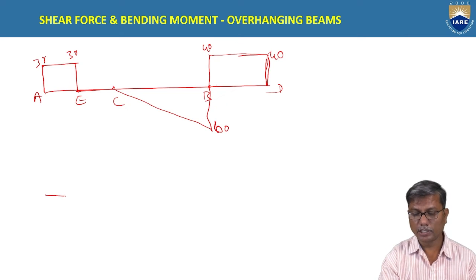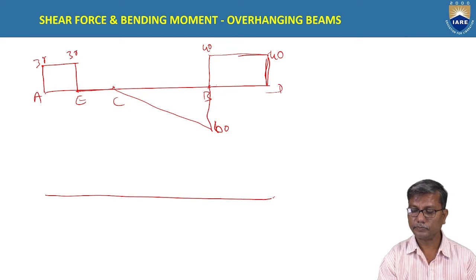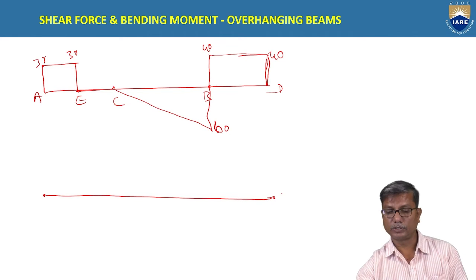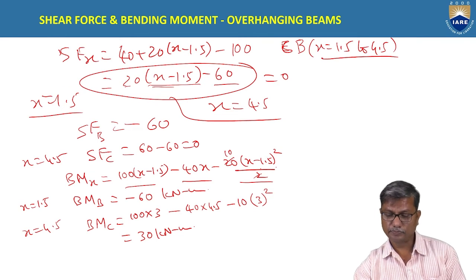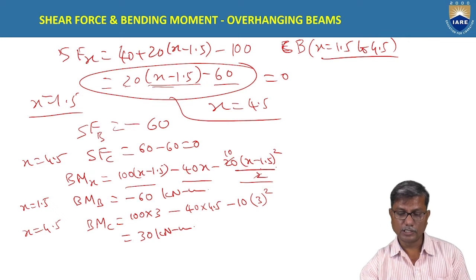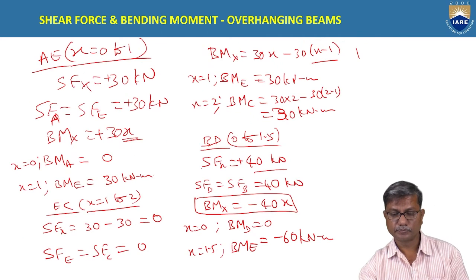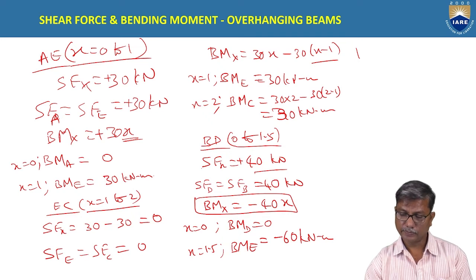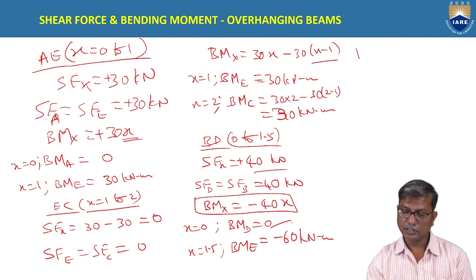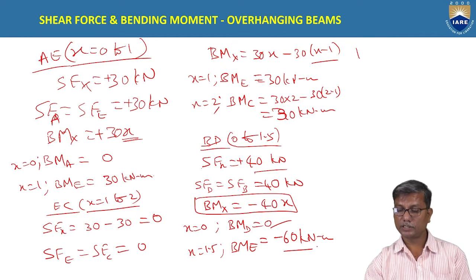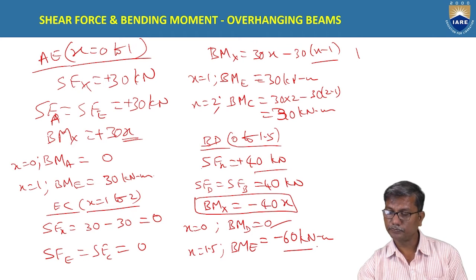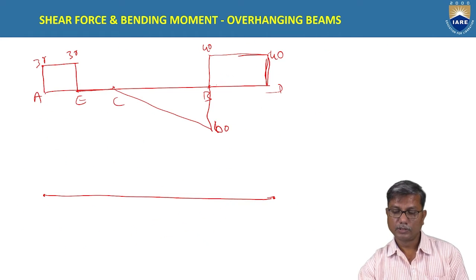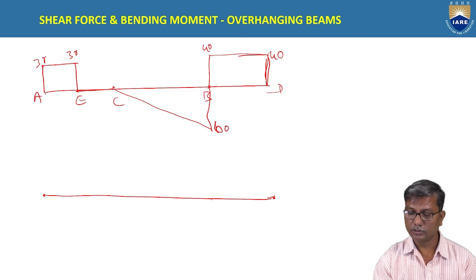And coming to the bending moment diagram, at A it is 0, at D it is 0. Bending moment at D is 0 and bending moment at E is minus 60.